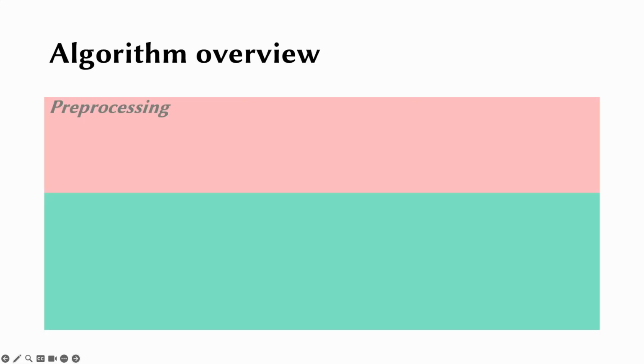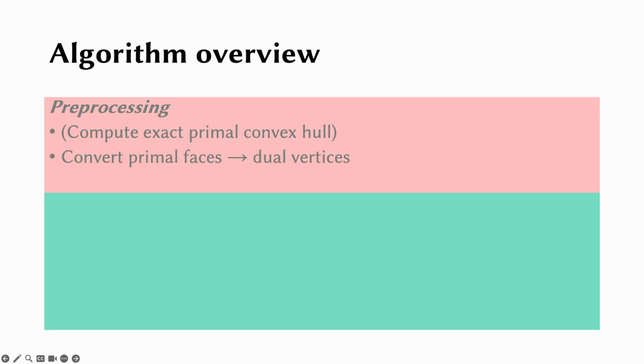So the structure of the entire algorithm looks like this. There's a bit of pre-processing. If the input is a non-convex shape, we first compute its exact primal convex hull and convert all those primal faces into dual vertices. It's helpful to remove near-duplicate faces here.